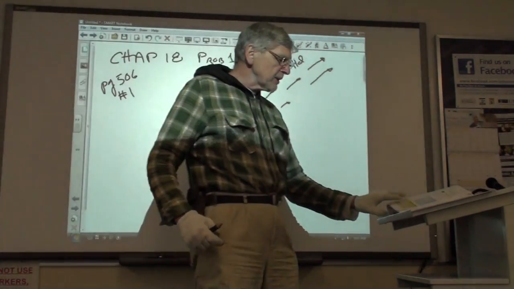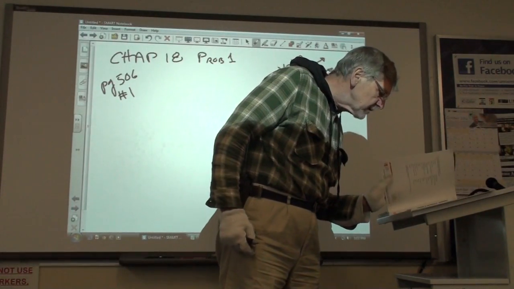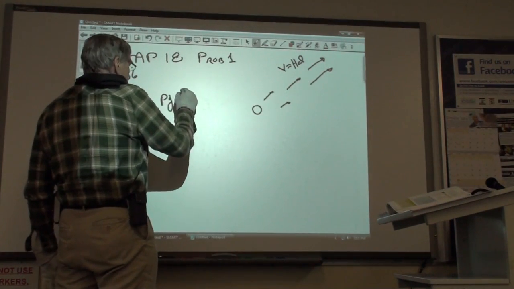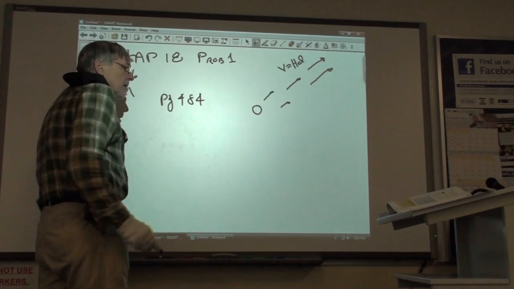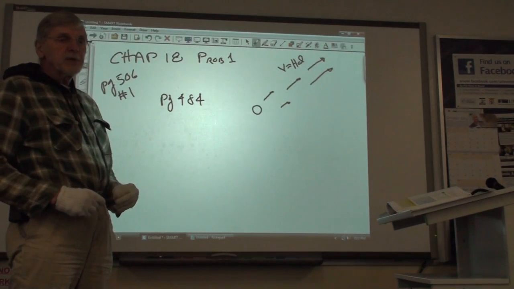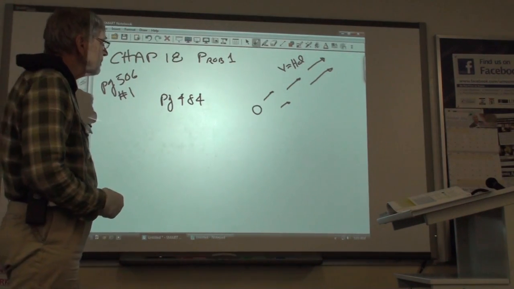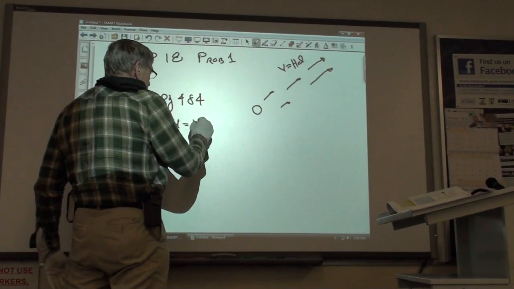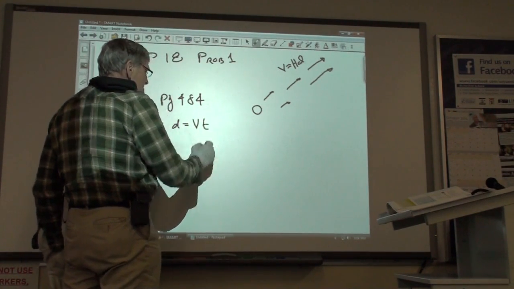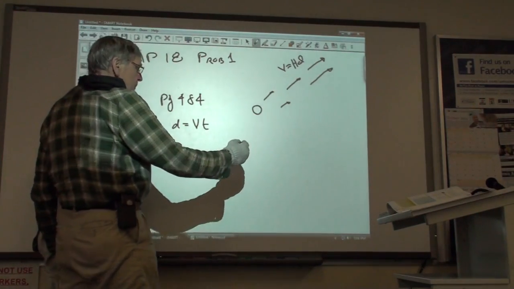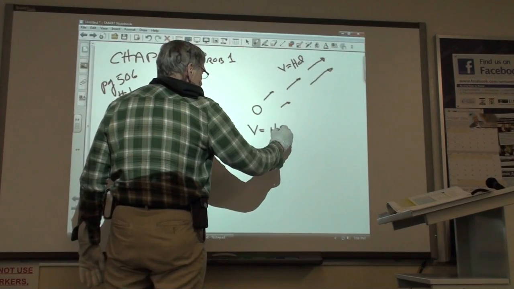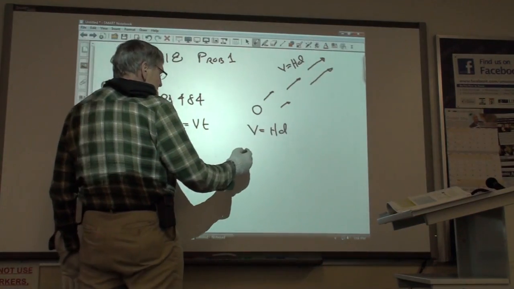Now, following the development in Astronomy by the Numbers on page 484, in general, if something is moving at a constant velocity, then its distance is equal to the velocity times the time. If we put this into the Hubble law, v equals hd, we replace distance with vt.